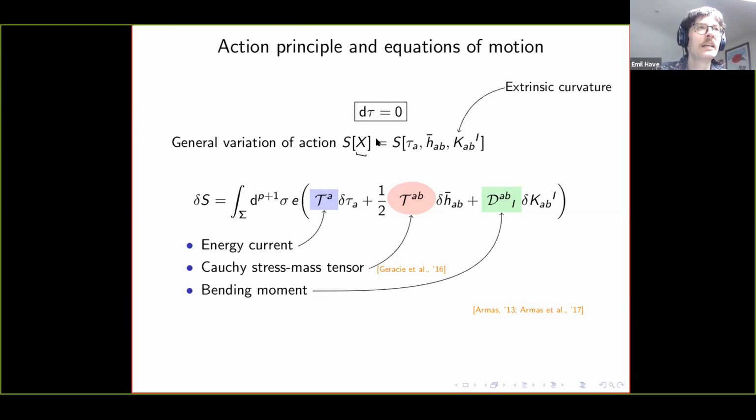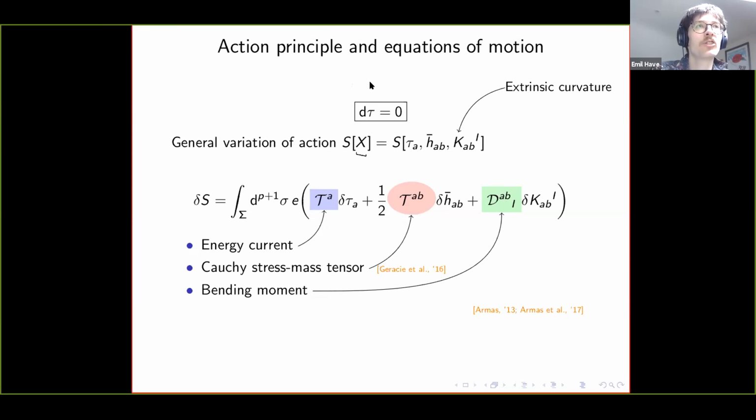Now, these variations turn out to be equivalent to a certain class of diffeomorphisms. And since those diffeomorphism variations are expressible as a Lie derivative, using the fact that Lie derivatives and exterior derivatives commute, this is known as Cartan's formula, or it's a consequence of it, if you like, then it does not actually matter whether we set the torsion equal to 0 before or after we perform this variation.